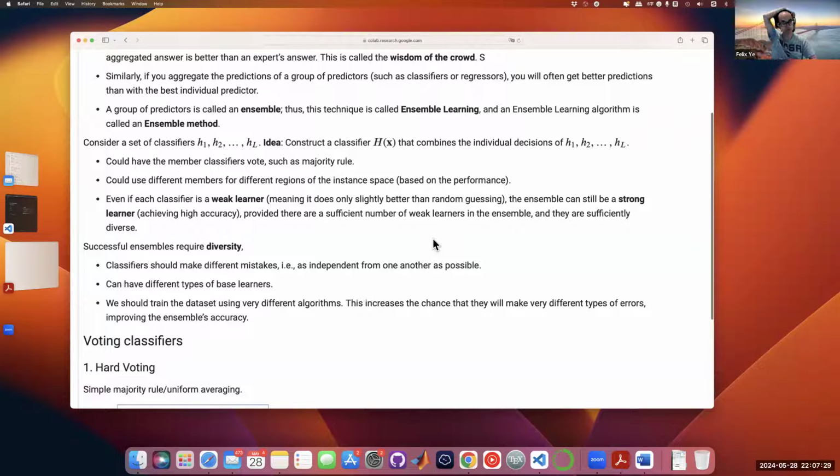The key to success is diversity. You want each learner to be as diverse as possible.